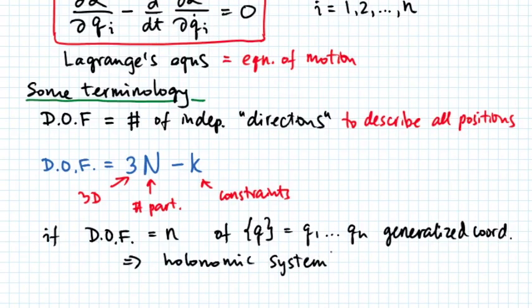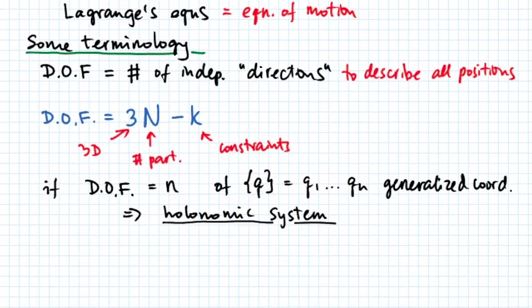We will define this concept more rigorously later when we deal with constraints. Not all constraints are holonomic constraints. But if we have a system where the generalized coordinates that we have are in fact degrees of freedom that describe the system fully, its configuration space fully, then Lagrangian mechanics applies.